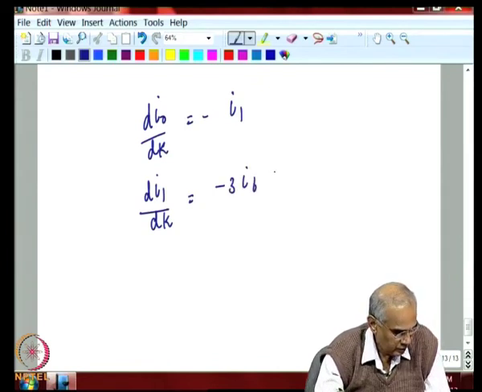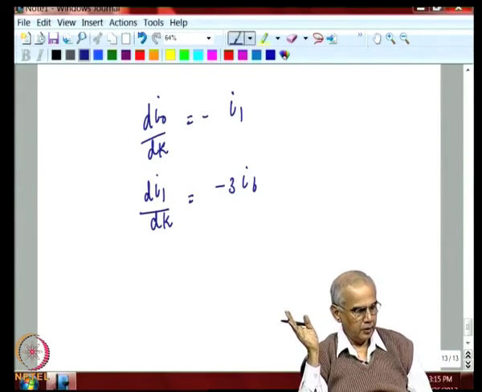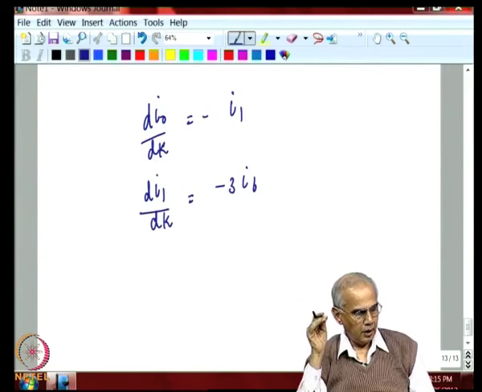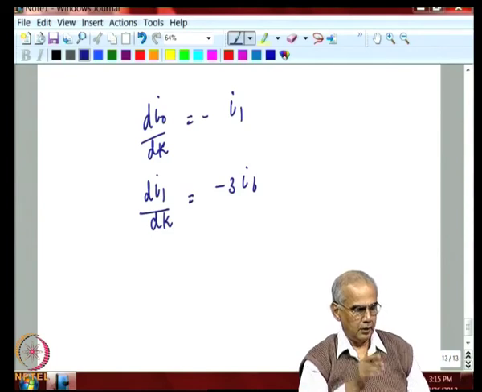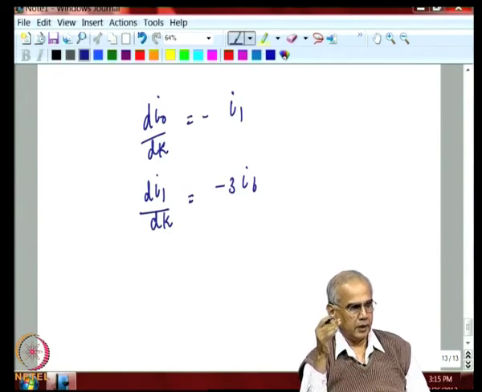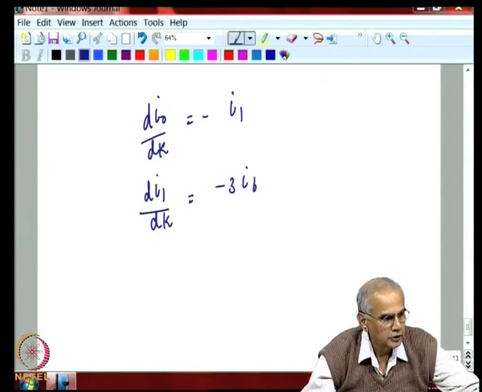Now, we will have an additional term coming in, which invokes the flux that is going through the system.